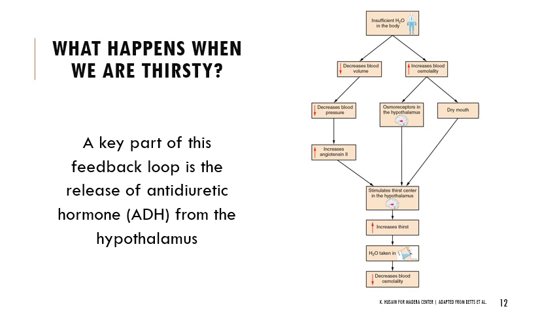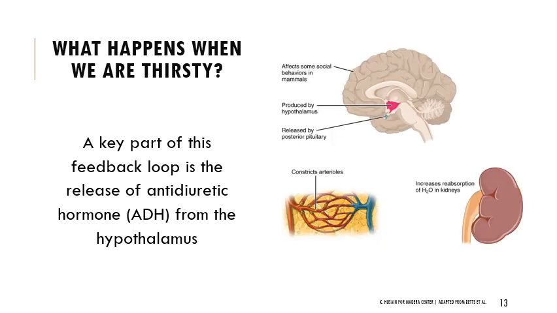Insufficient water in the body also increases blood osmolality, so you have more solutes relative to your solvent. That activates osmoreceptors in the hypothalamus of the brain and also causes dry mouth. And so all of these serve to stimulate the thirst center in the hypothalamus. That increases thirst, you drink more water, and then your blood osmolality is decreased and all the signals balance out. So it's a negative feedback loop.